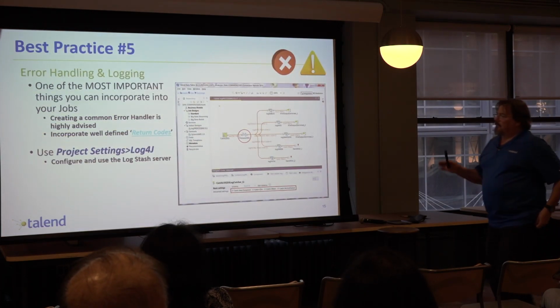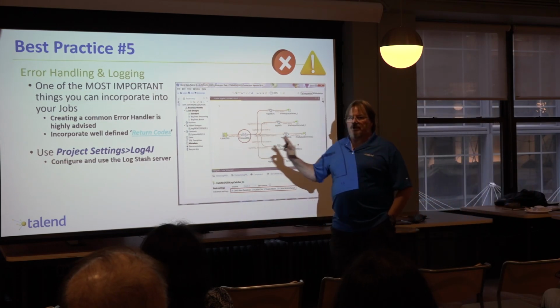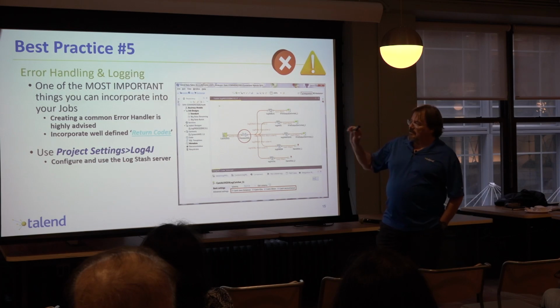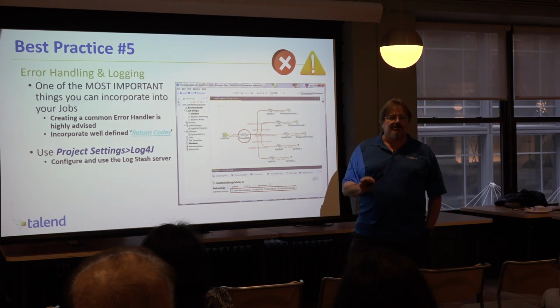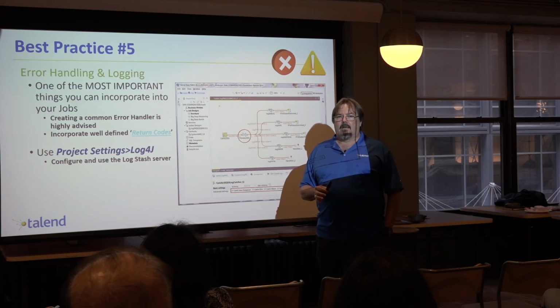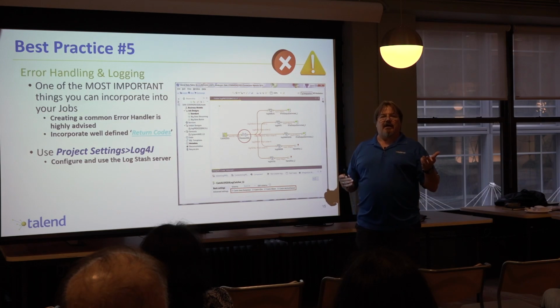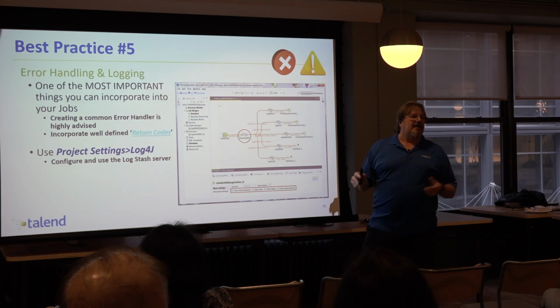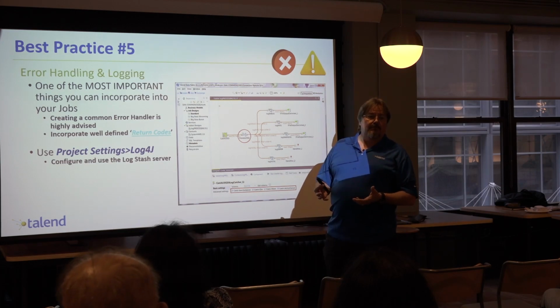Okay? Now, last thing to say, and we'll talk about this a little bit more tonight. Every component in Talend is Log4j enabled since version 6. So there's really two types of logging going on here. Technical logging, which is based on a component, and operational logging, which is programmed into your job flow, right?